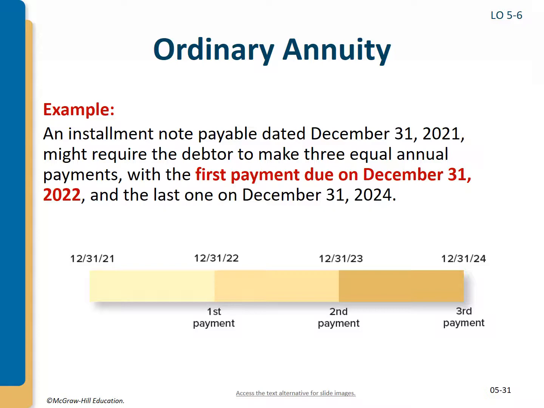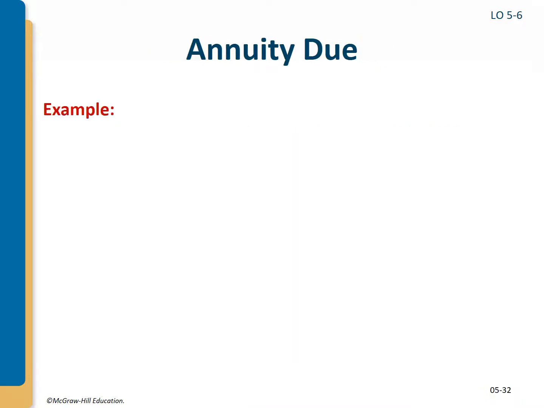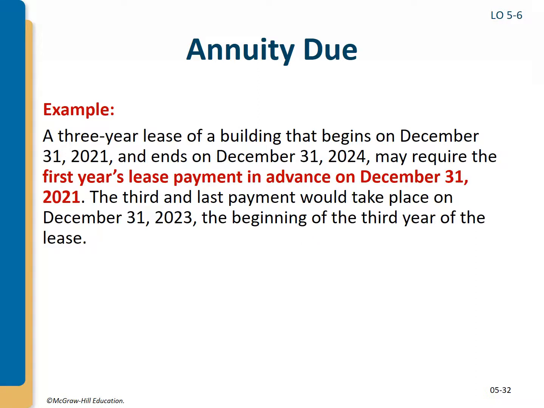When does the payment occur? Let's say instead you have a 3-year rental lease of a building that begins December 31st, 2021, and the lease time ends December 31st, 2024.